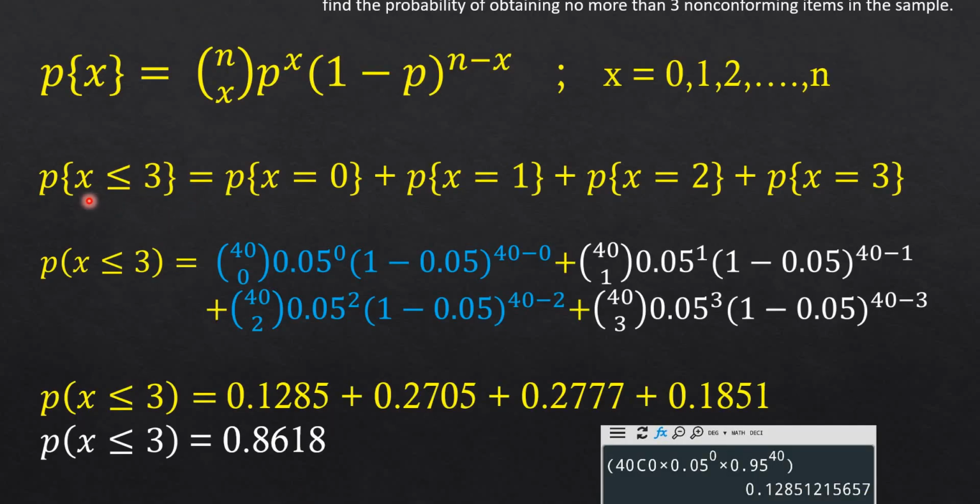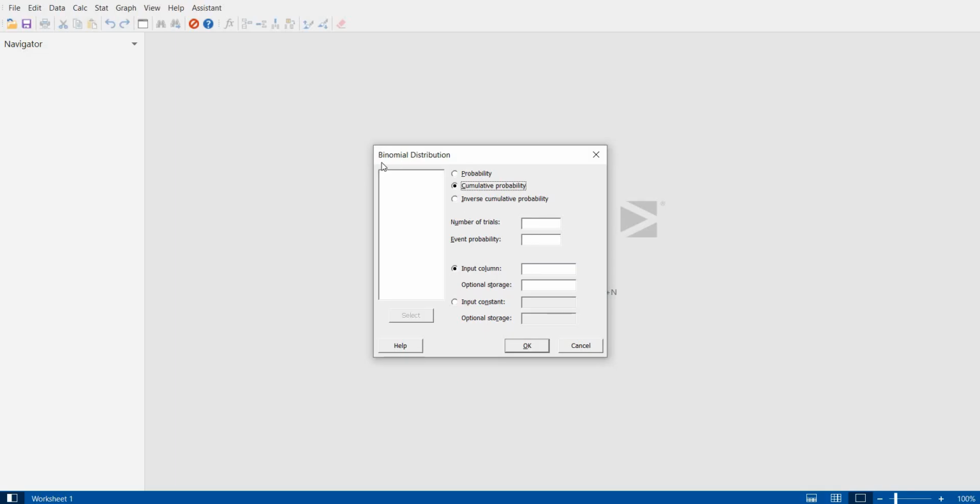So no more than 3 defective items means either we have 0 defective plus 1 defective plus 2 defective plus 3 defective. So here we are going to calculate the cumulative probability. So in Minitab binomial distribution, select cumulative probability, and here the number of trials, that is the sample size, is equal to 40.